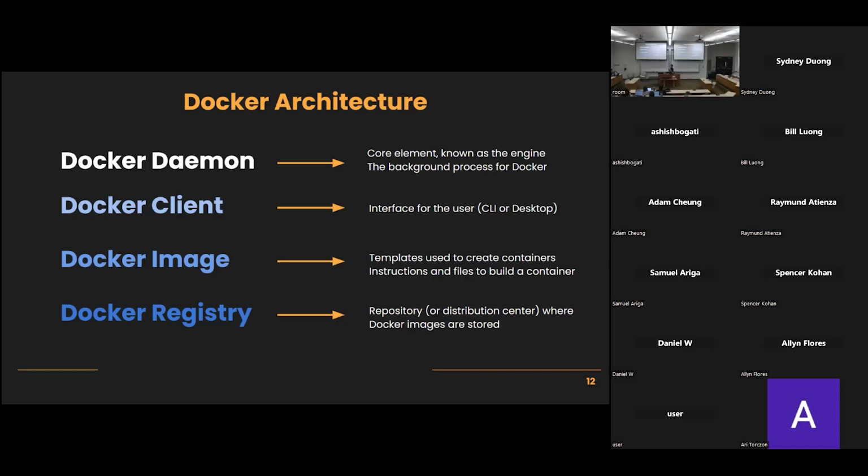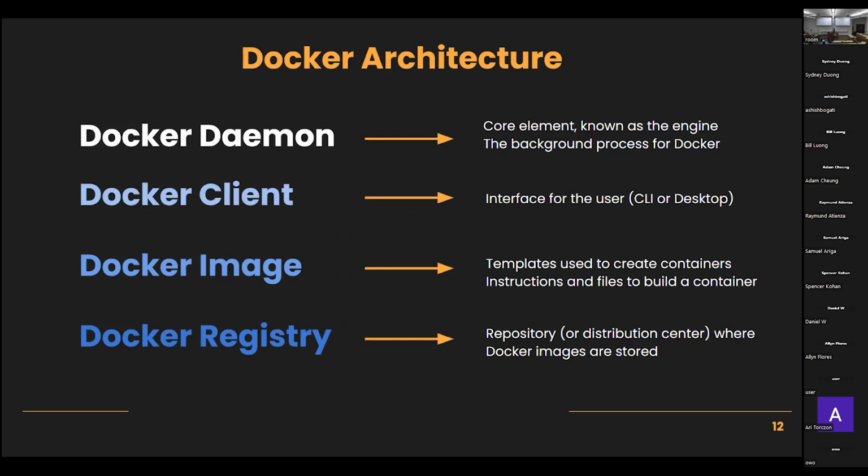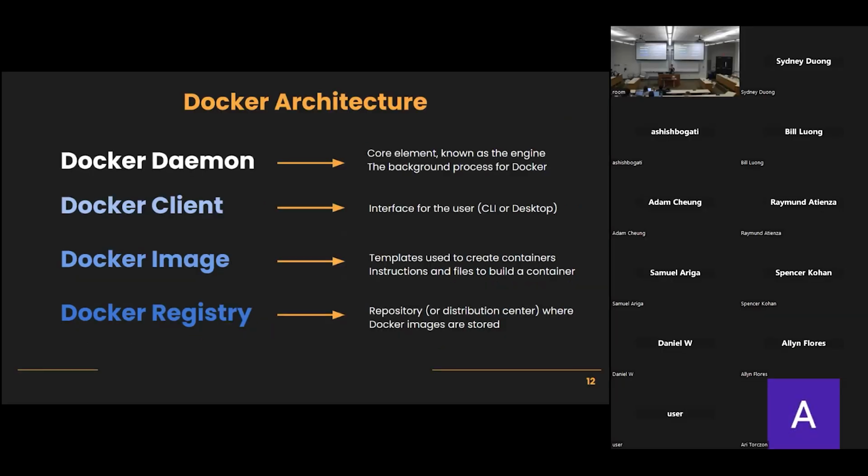You'll see later how you can create your own image, and you can think of it like an ISO file, if you're familiar with that. Finally, we have the Docker registry. That's where all your Docker images are stored. It could be local or it could be online.